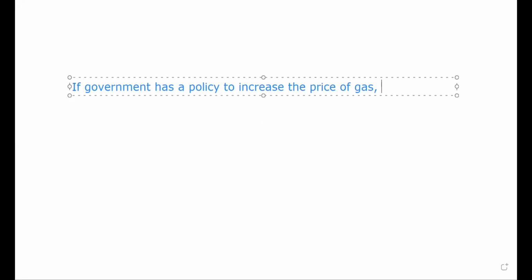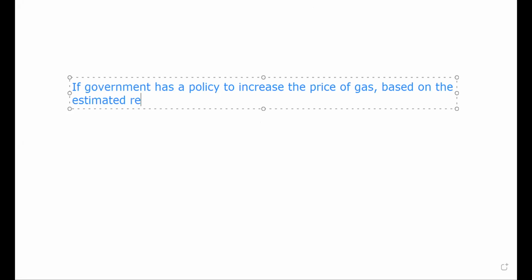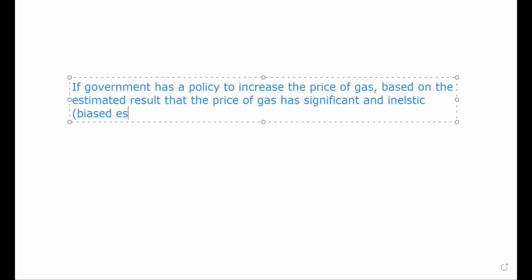For example, if the government, as a policy, increases or decreases the price of gas or petrol, based on the estimation result, it seems that the price of gas is significant and inelastic. This is a biased estimated result.